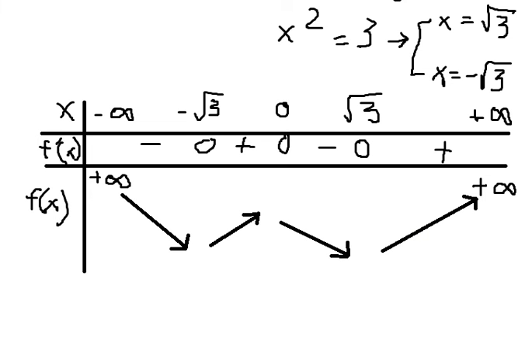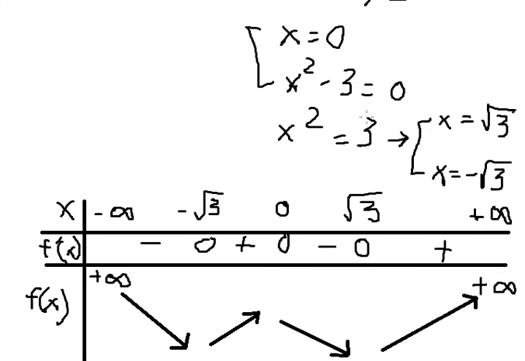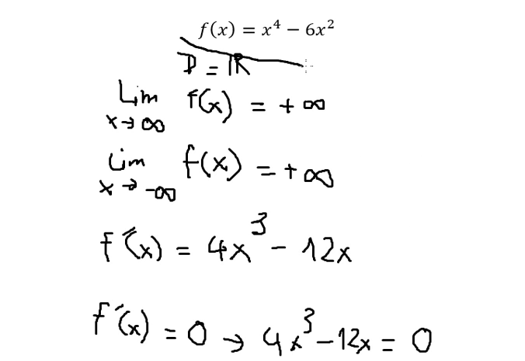So we put negative the square root of number 3, number 0, and the square root of number 3 into this function in here.